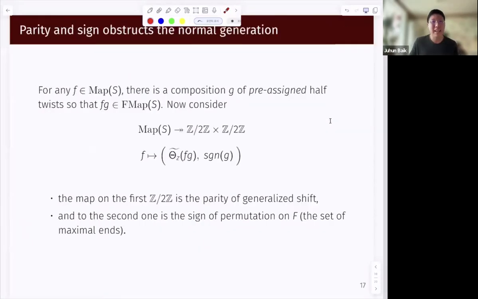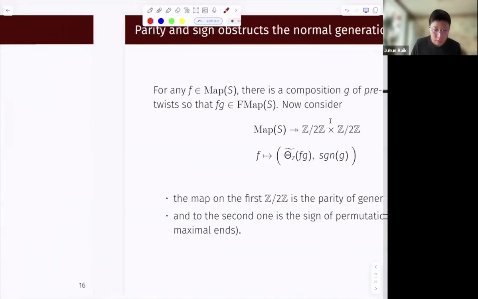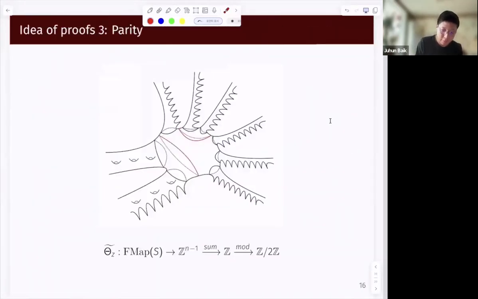The lower bound depends on the type, on how many different types of isolated maximal ends there are. So here, if you have this one and this one and this one, those three are different types of this surface, then you can see there is at least one shift, right? And again, you have at least one shift here.